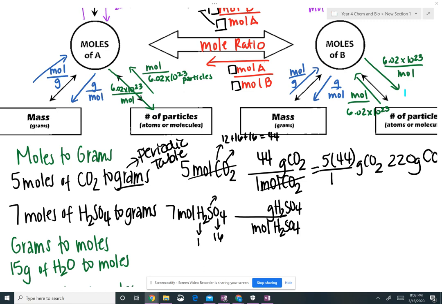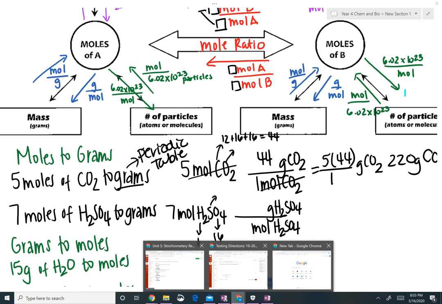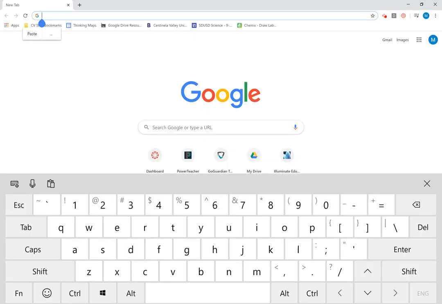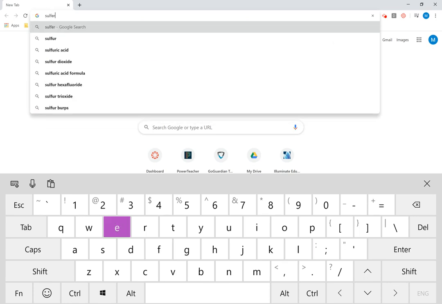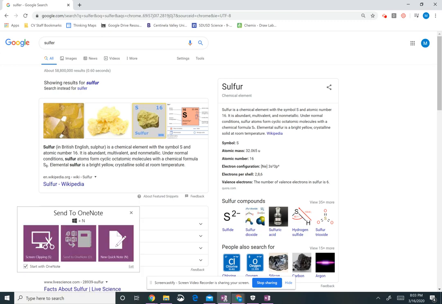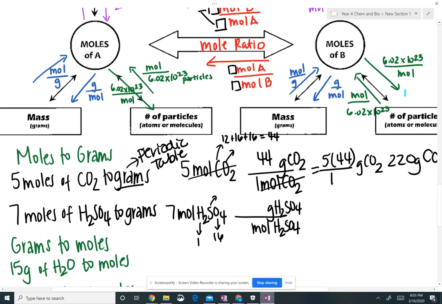So for your sulfur, you guys would have to double check your periodic table. I'm going to look up sulfur real quick because I do not have my periodic table handy. If I look up sulfur, you'll see that sulfur has a mass of 32. Perfect. So on sulfur, I would have my 32 there.